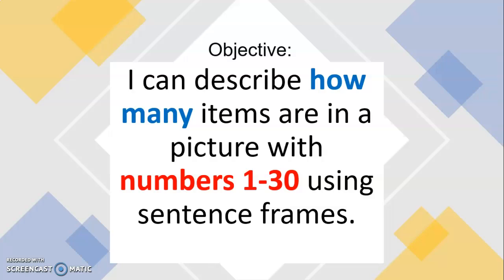So the objective today is yo puedo describir cuántas cosas están en una imagen con los números 1 a 30, using sentence frames. We've done this before in class, but I just want to practice writing numbers today. Hemos hecho eso en clase, pero quiero practicar un poco más con escribiendo los números.